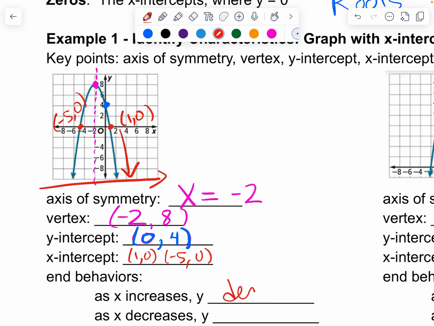So it decreases. Okay, then it says x decreases, so as the x goes this direction, what is the y doing? It's also going down.